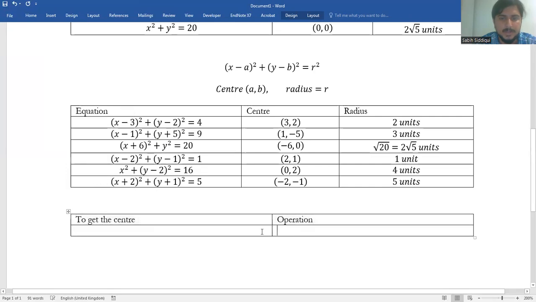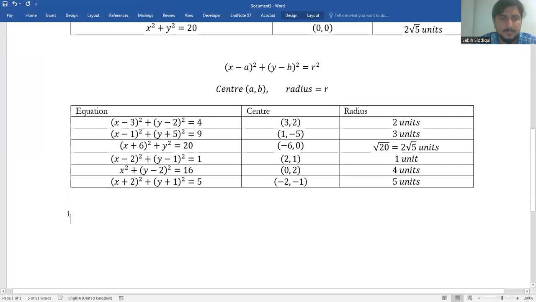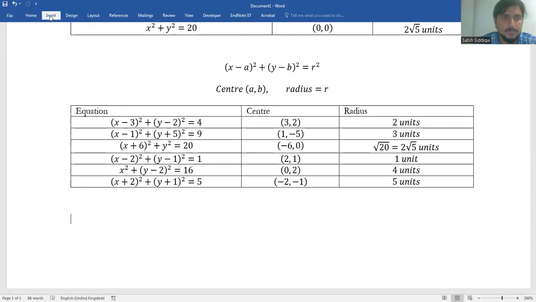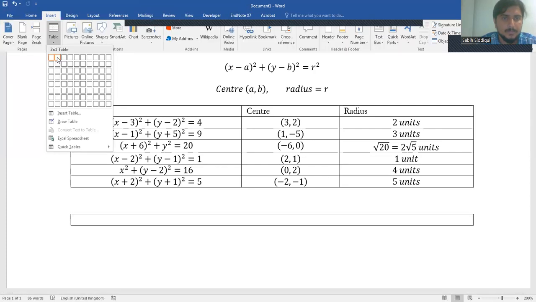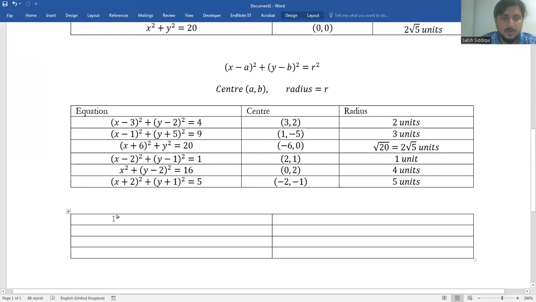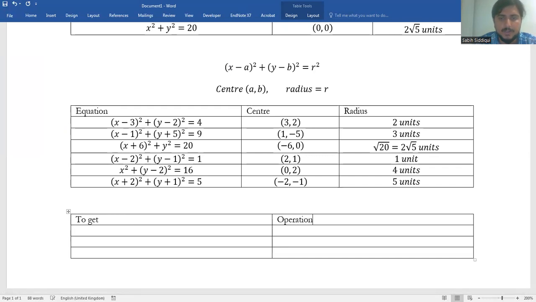Whatever equation we have, we want two things, right? And we have to define the operations for that. So the first thing we want is to get the center. What do we do for that?